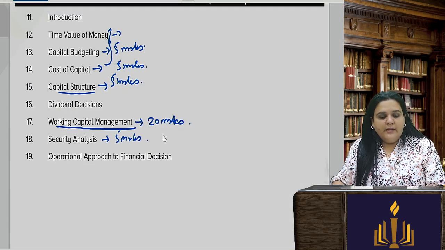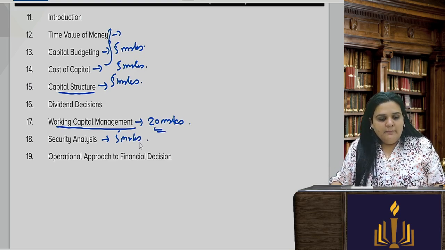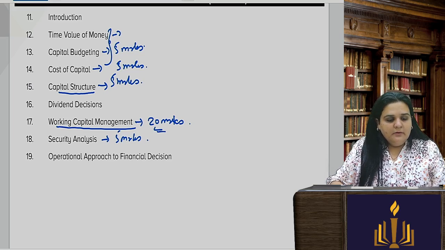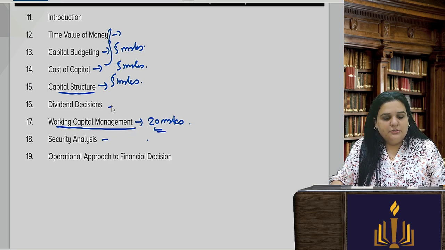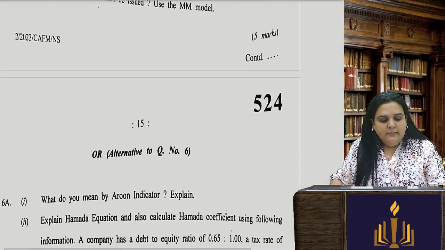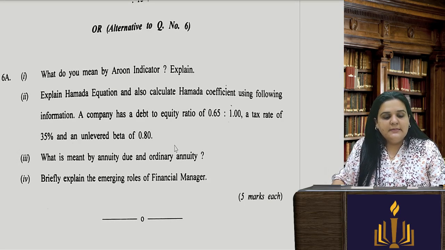So done. 20 marks here in working capital management, and the balance 20 marks as I have done the marking: capital budgeting, cost of capital, capital structure, and dividend decisions. And question number 6A, an alternate question to 6, again is theory.